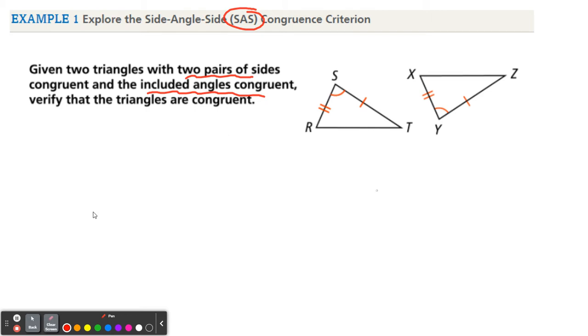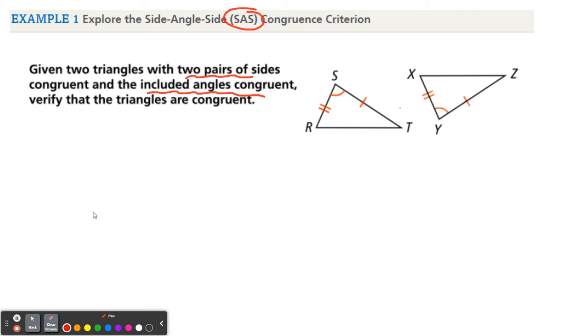You can see in this picture that we are given ST and YZ are congruent, 1 dash, angle S and angle Y are congruent, and then RS and XY are congruent, 2 dashes. We want to try to make one triangle become the other triangle. So we're going to move triangle RST so that it is mapped to triangle XYZ.